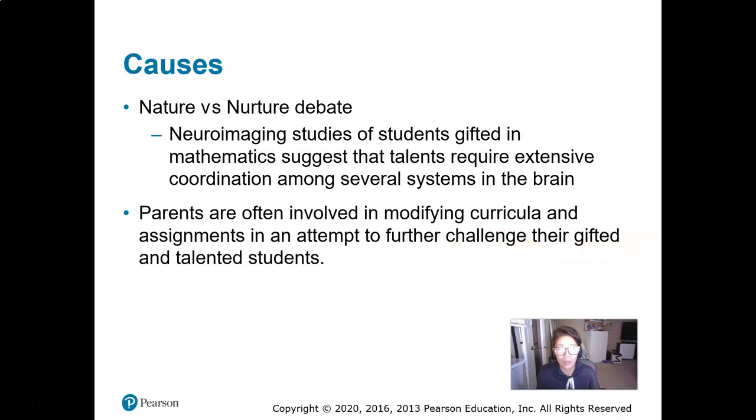In other words, parents can play a huge role in advancing their student. But when they see their child has the capacity to intelligently think, then they're going to challenge that child to really expand their thinking. And that is that nurture part of their environment.